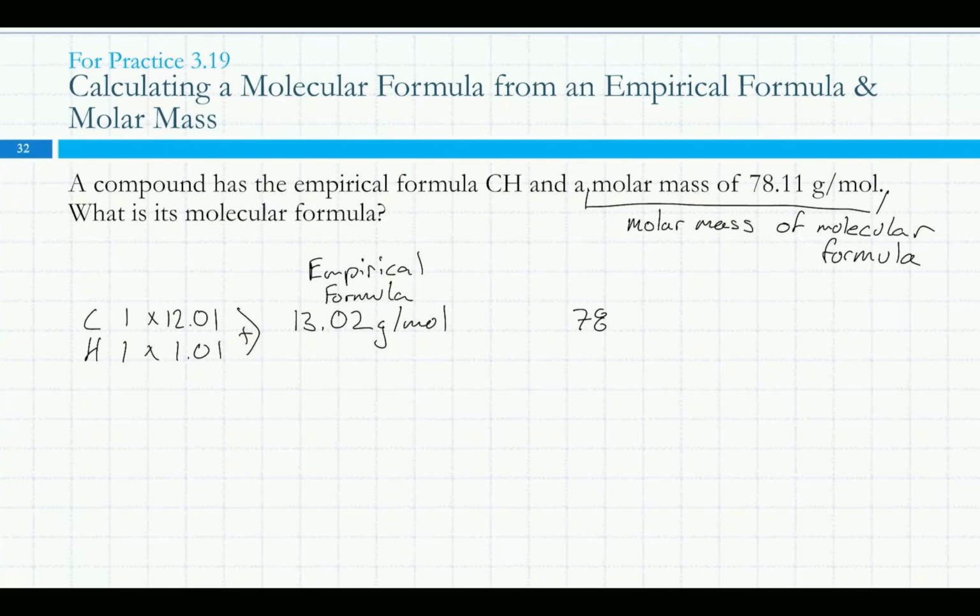So if I take 78.11 and divide it by 13.02, that equals 5.999231951. And there's always going to be a little bit of this nonsense because there's always a little bit of experimental error. Also, I only used 2 decimal places over there.